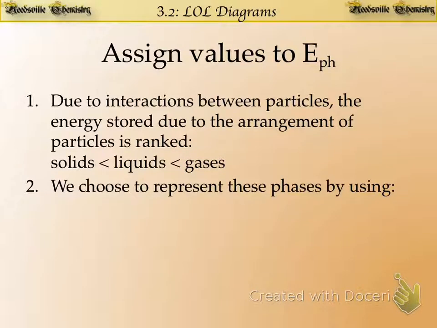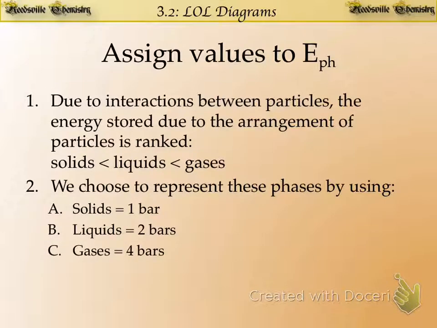All right, so we have assigned each one of these phases a certain energy ranking. In our energy diagrams, we're going to choose to represent these phases by using 1 bar for solids, 2 bars for liquids, and 4 bars for gases. Now, let me give an idea of what that looks like. So I'm just going to draw the initial state of an energy diagram.